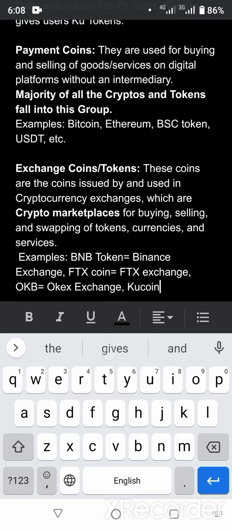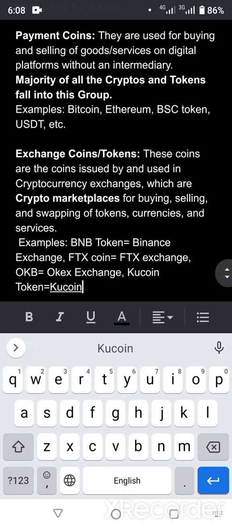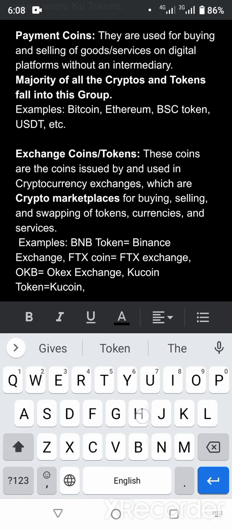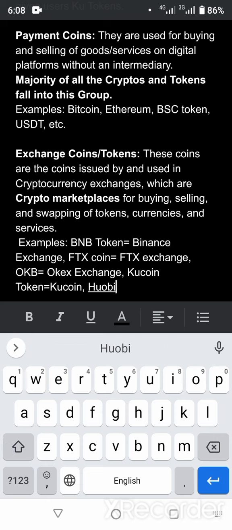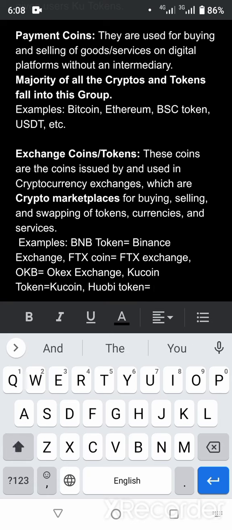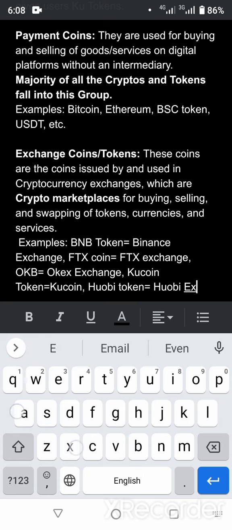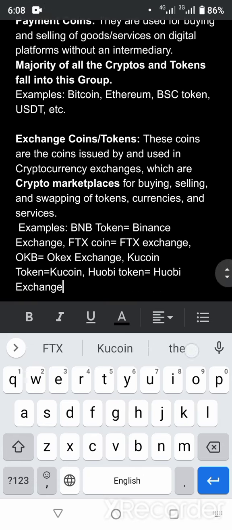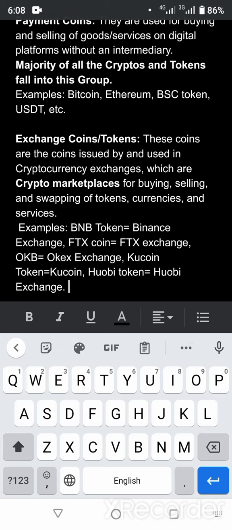KuCoin token for the KuCoin exchange. There's the Huobi token for the Huobi exchange, and a whole lot of other ones for other exchanges.